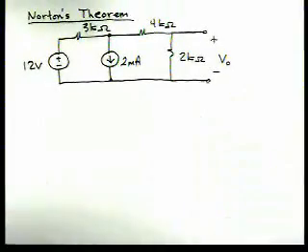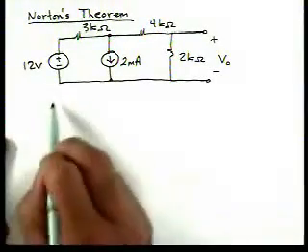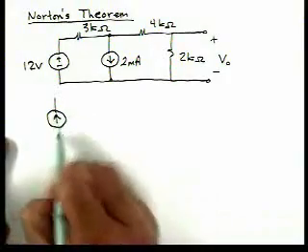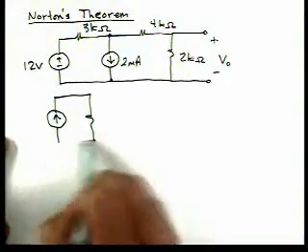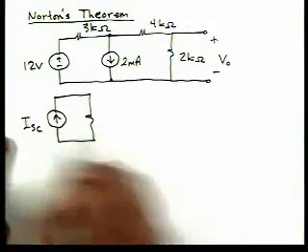So let's go back to our circuit here with Norton's theorem. Now we're going to find a current source in parallel with a resistance. That's a Norton equivalent.